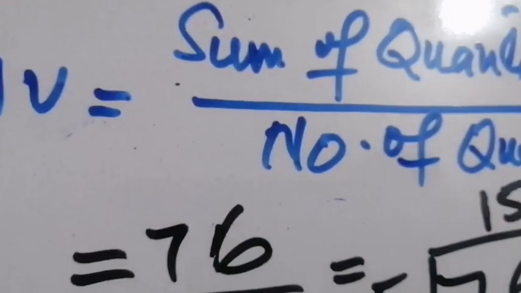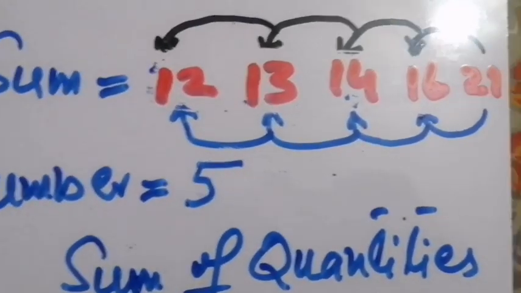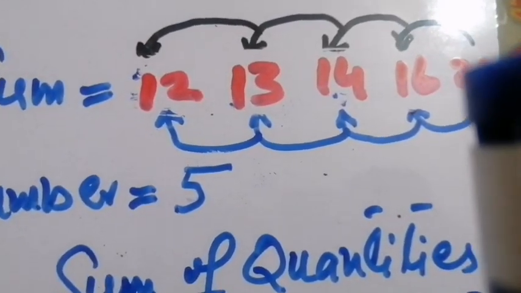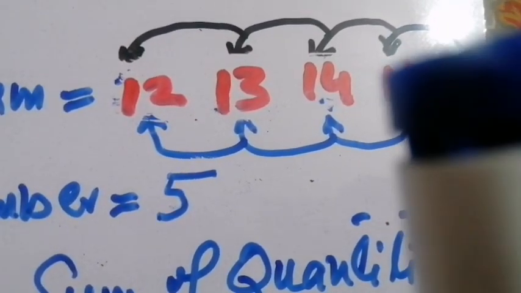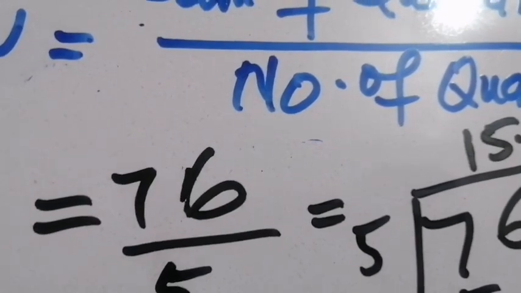So 16, we'll keep 6 here, and 1 we will add to the second digits. 2 plus 1 is 3, 4, 5, 6, 7. So our answer is 76.